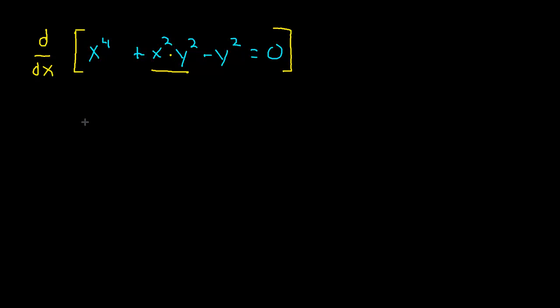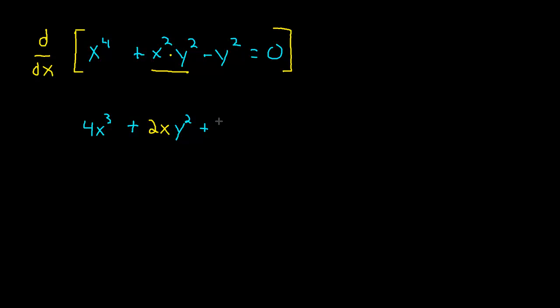Derivative of x to the fourth is 4x cubed. Now, I will do the derivatives in a separate color here. Okay, this is plus. Okay, so what's the derivative of my first function with respect to x? Well, it's just 2x multiplied by my second function, which is y squared, plus the derivative of my second function.